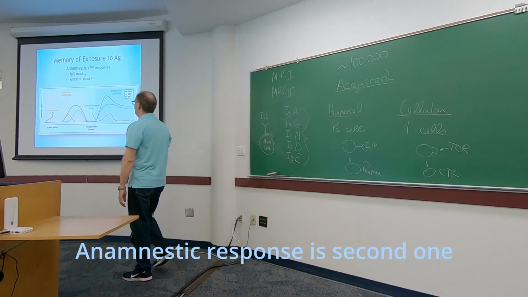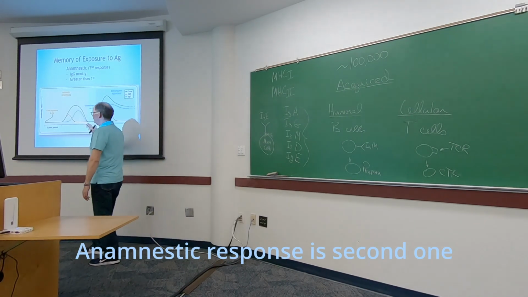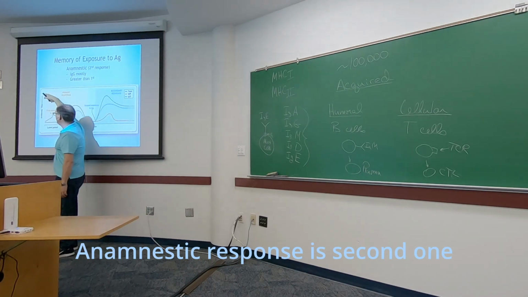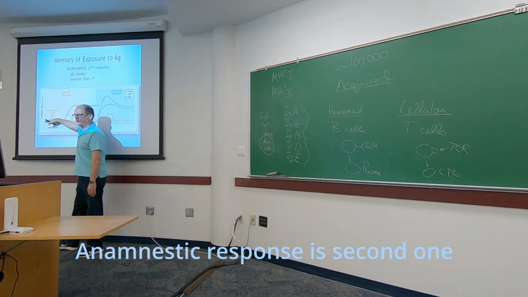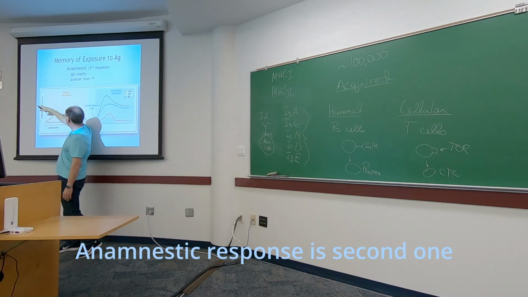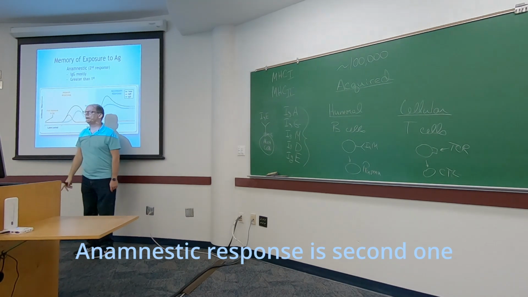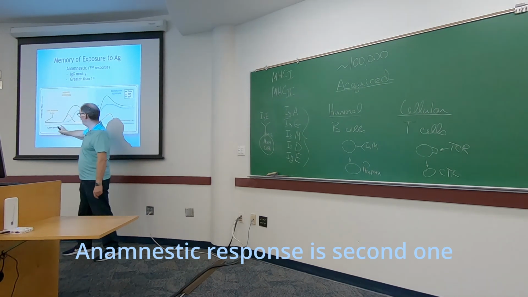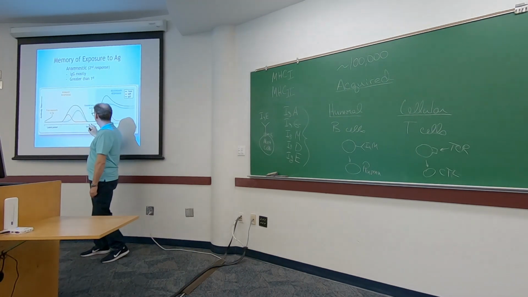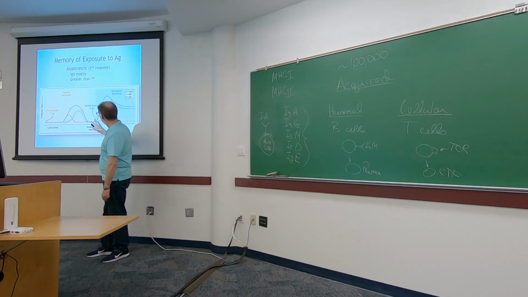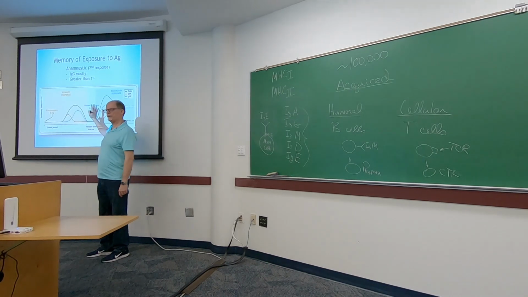So this is a typical curve that's used. If you look at the amount of antibody found in your serum, as it goes up, the line goes up. This is a time period, right? This is about 10 or 14 days. And then within 1 or 2 days, you get this curve.